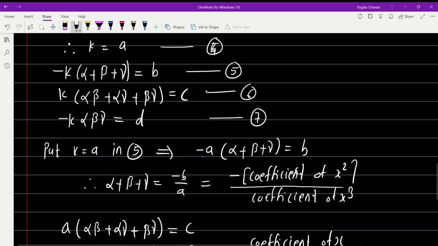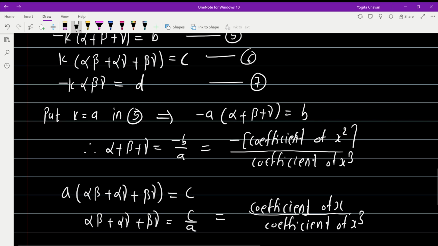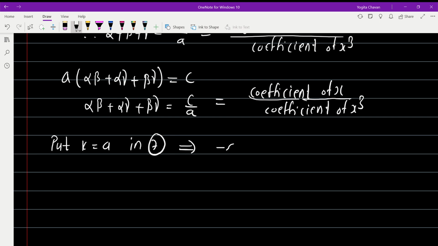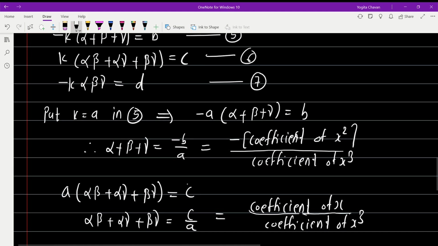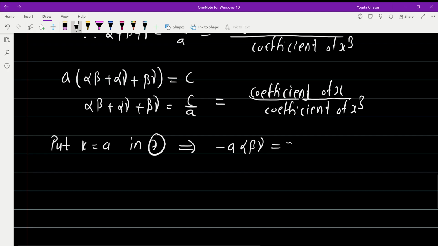Last, now put k equal to a in number 7. Here it is minus k into alpha beta gamma is equal to d. Put k equal to a in 7. So it gives minus a into alpha into beta into gamma is equal to d.